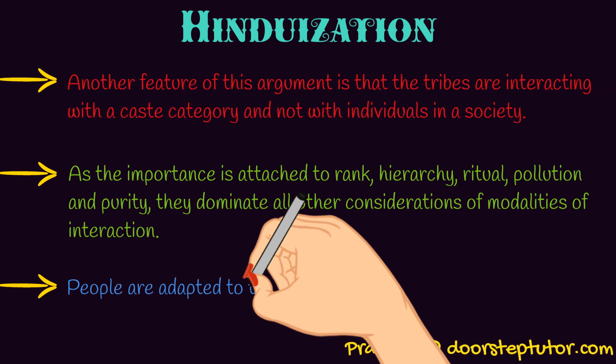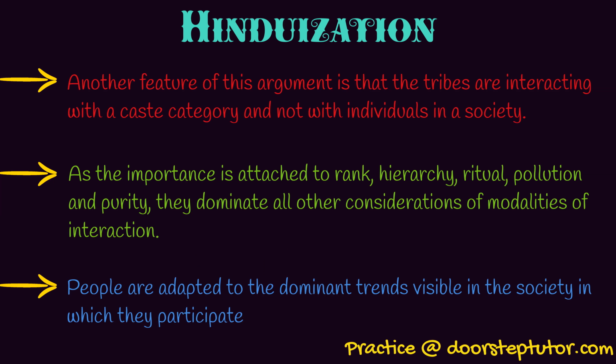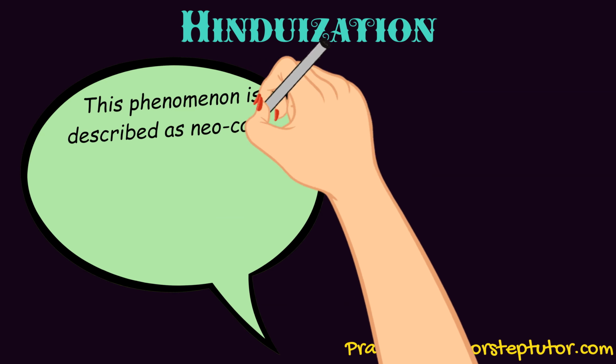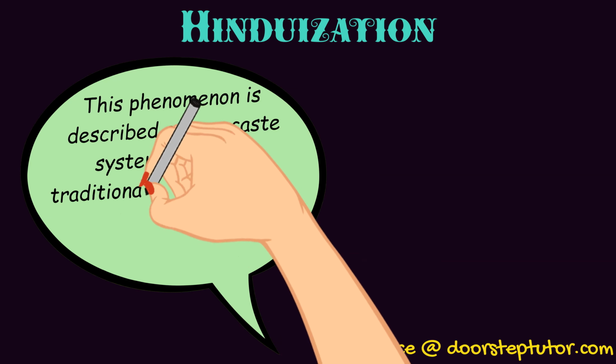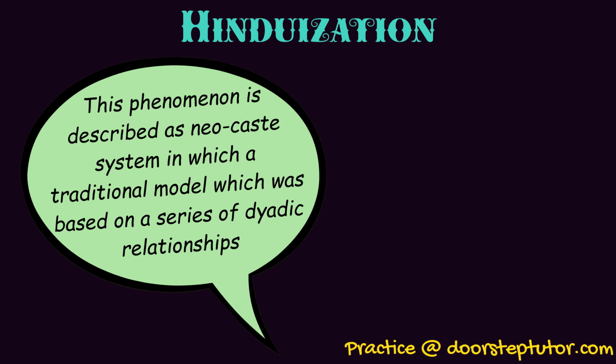People are adapted to the dominant trends visible in the society in which they participate. So, when they started participating in the mainstream society, they wanted to be adapted to the various trends that were there. This is described as neo caste system, in which the traditional model based on a series of dyadic relationships changes into systematic, ideological and organization based, which is caste like.